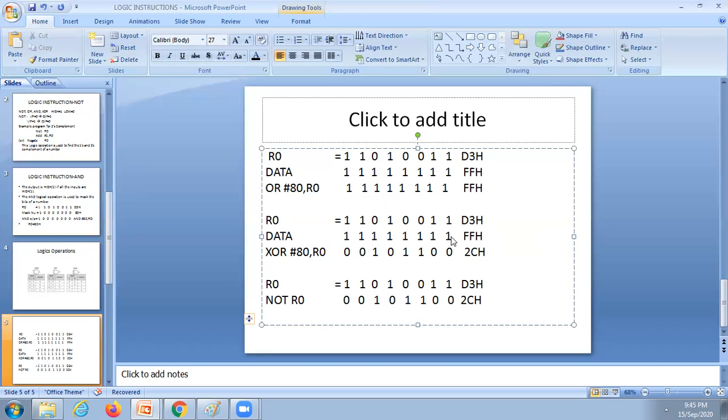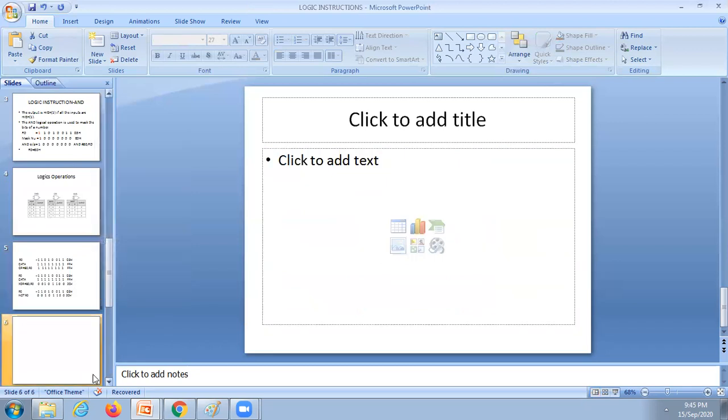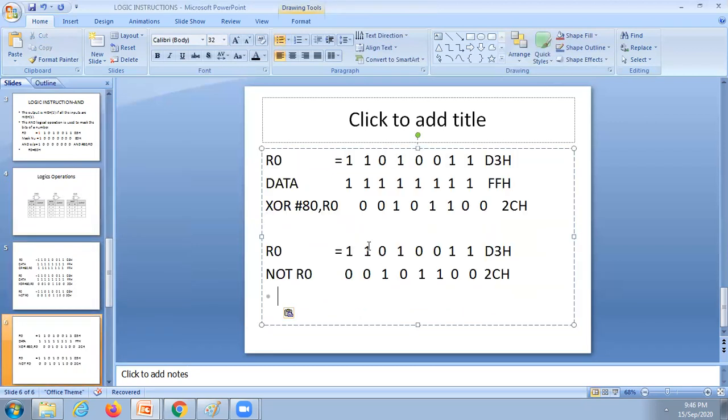If the data you are applying is zeros, suppose there is another example. Here all are zeros, for example. That means the immediate data here we are making as 0.